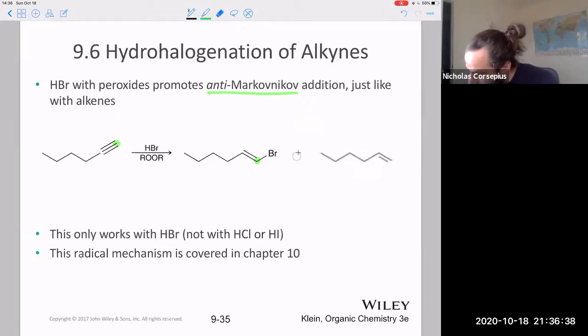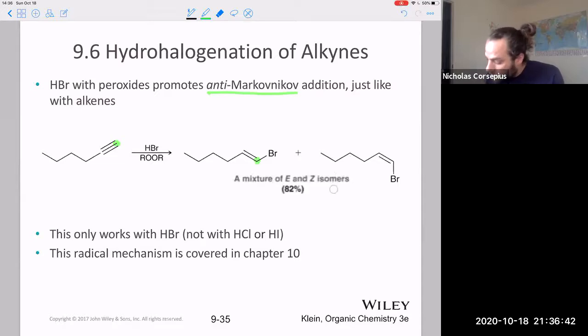In the case of hydrobromic acid in the presence of peroxide, you actually get a mixture of both the E and Z isomers. We'll call this a racemic mixture, meaning there's not really a preference for one or the other. I would actually expect this one to be the major product, just by stability. However, there's not really any evidence for that. Our book doesn't say anything about it, so we're going to assume that a racemic mixture is formed.